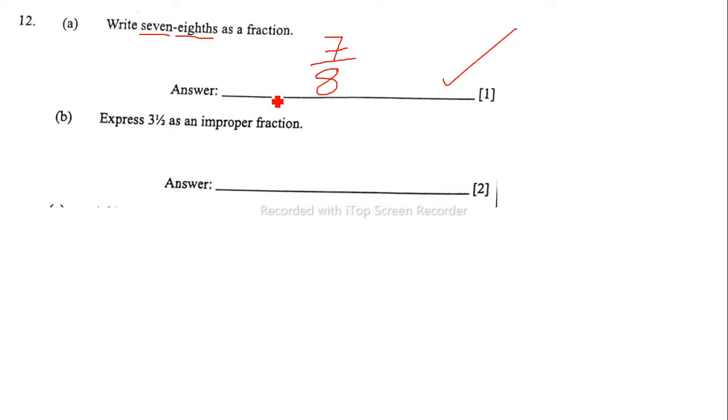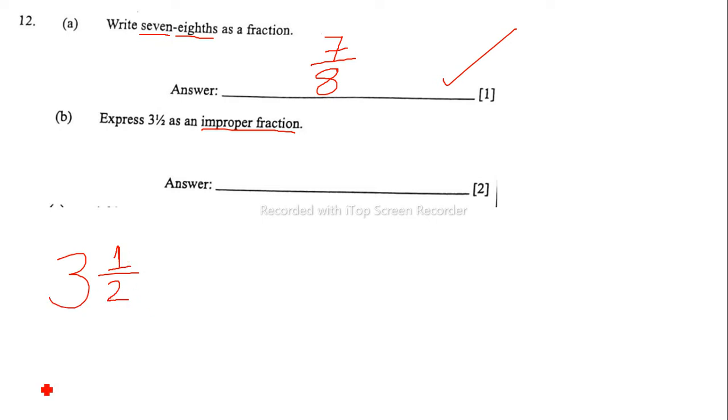Good. Now write or express 3½ as an improper fraction. Okay, so how are we going to do that? Multiply 3 times 2 and add the 1, 7 over 2. Thank you, Keisha. So we have 3 and 1 over 2, and we want to convert that into an improper fraction.